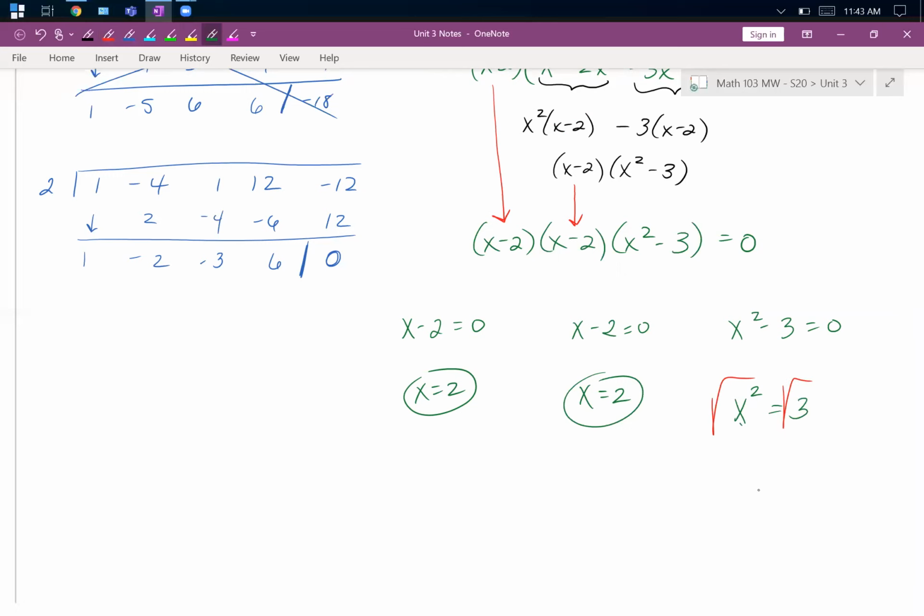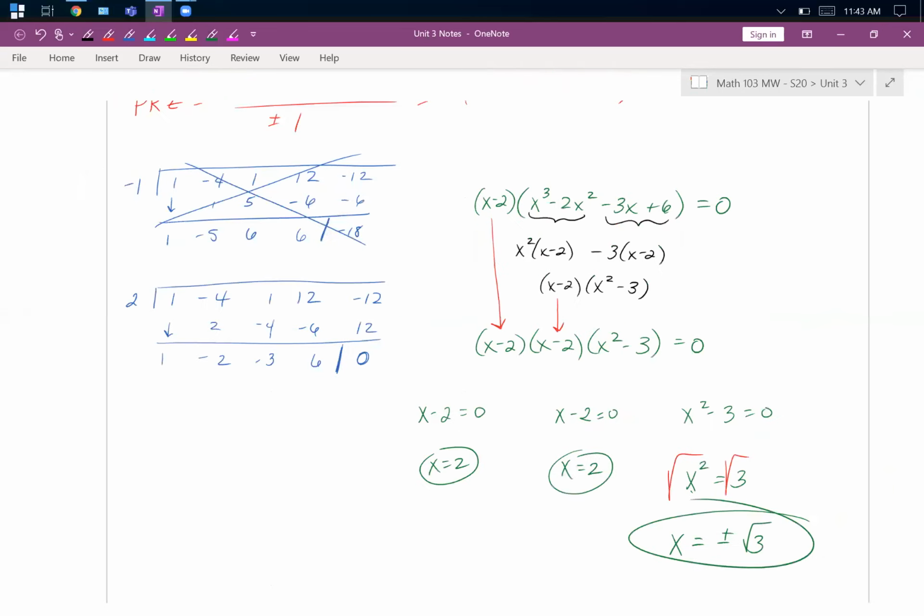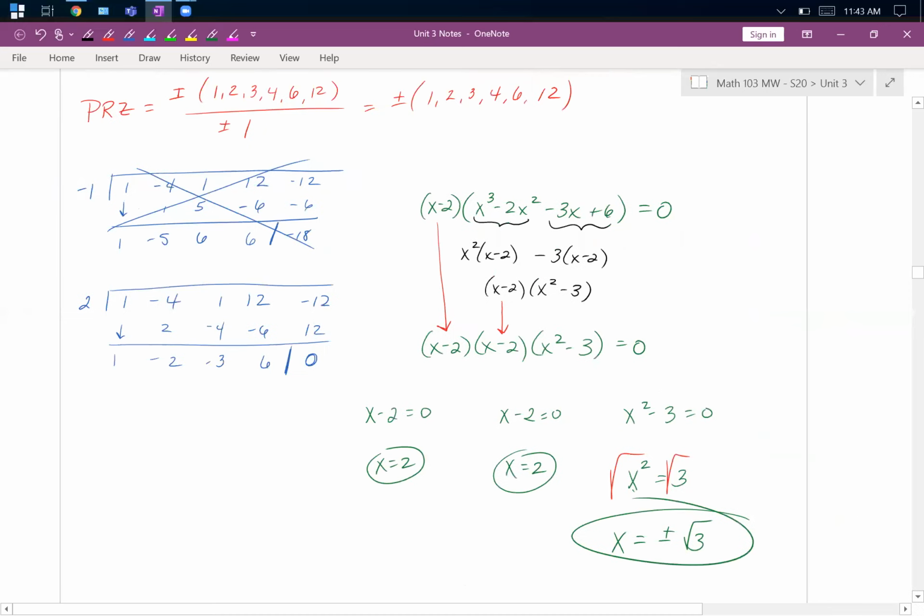Oh, x is going to be equal to plus or minus the square root of 3. And there's our 4 answers, although not all unique, 4 solutions. Questions?